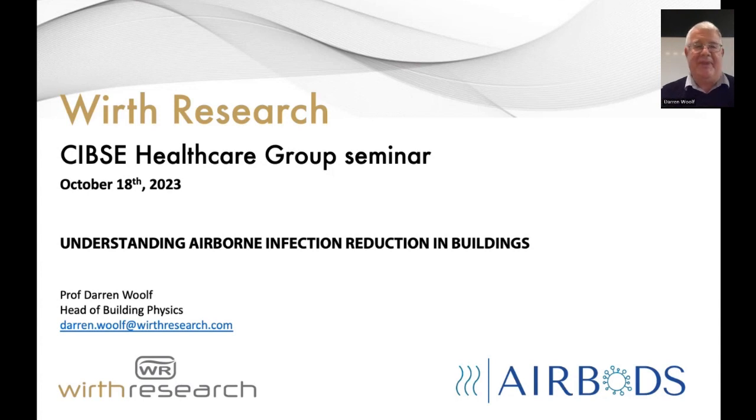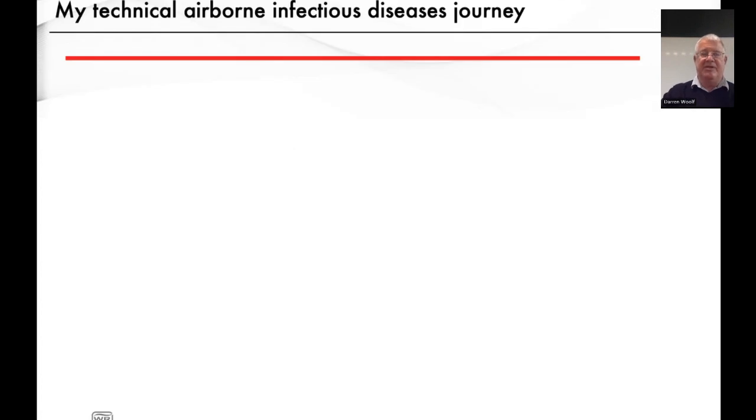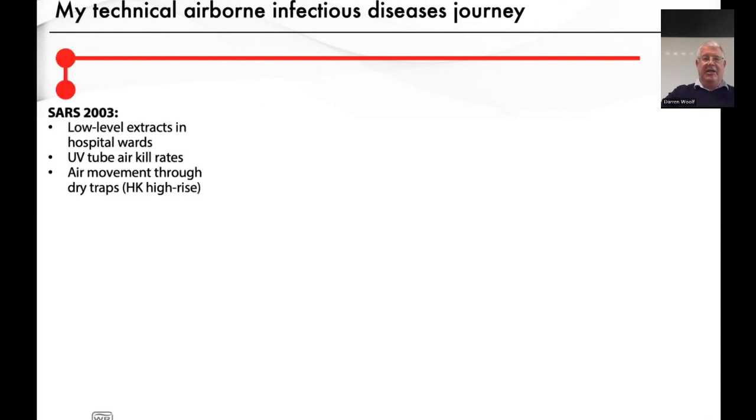So I'll be talking about understanding airborne infection reduction in buildings. To start with, I'd like to give a brief overview of my airborne infectious diseases journey. Back in SARS 2003, I was involved in looking at the low-level extracts in hospital wards and how to capture some of the larger droplets.